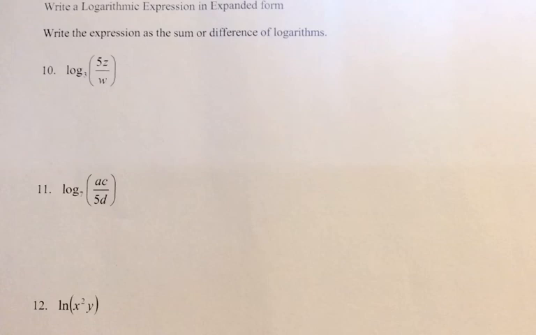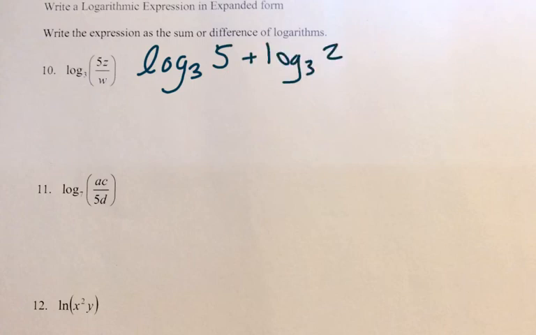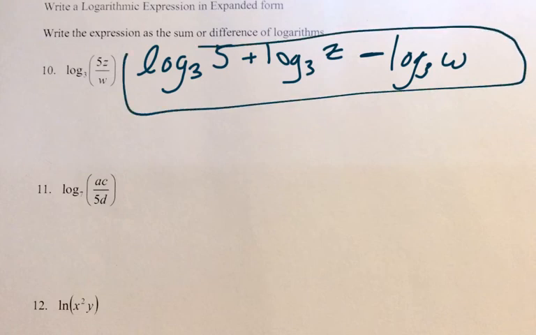So if I'm going to expand that out, I'm going to take the numerator, log base 3 of 5, plus log base 3 of z, that's for my numerator, and then to identify that that quotient with w is happening, I'm going to then subtract and find the difference with log base 3 of w. So that is fully expanded all the way out.